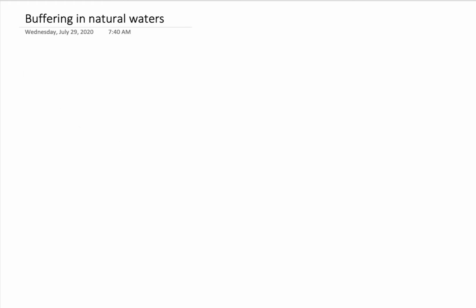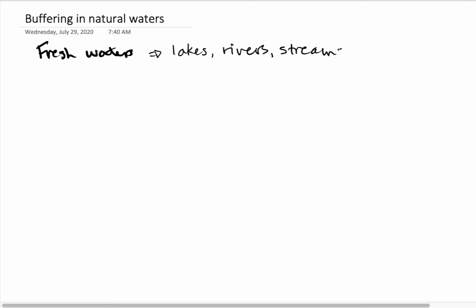So when we look at different kinds of systems, we have various freshwater sources, and these include lakes and rivers and streams, ponds, etc. We have brackish waters, which include river deltas and some swamps and marshes.